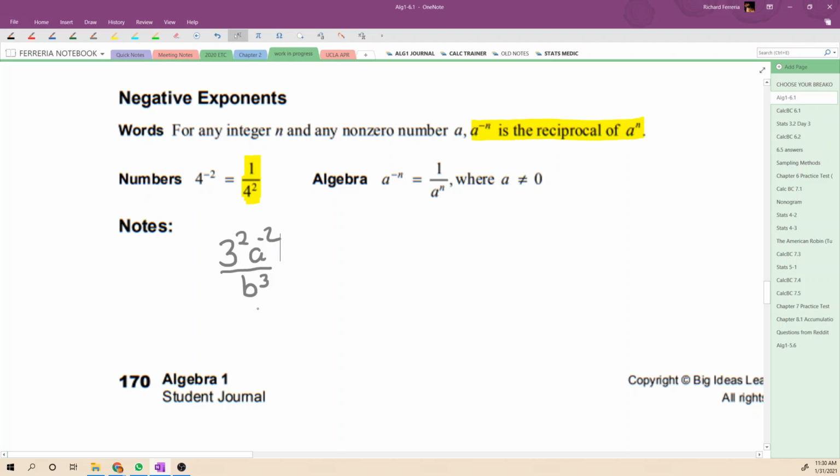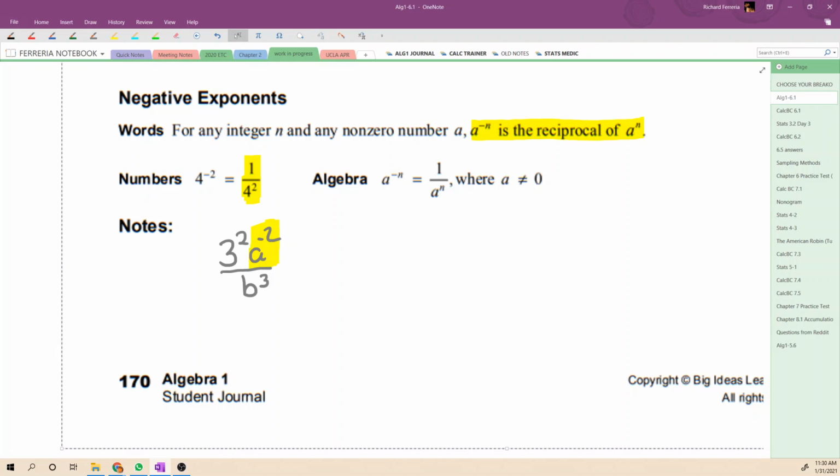One shortcut way to think about this is when you see a negative power, it's on the wrong side of the fraction bar. So here in my notes I have 3 squared multiplied by a to the negative 2 power, all over b cubed. This a to the negative 2 power is on the wrong side of the fraction bar because it has a negative exponent.